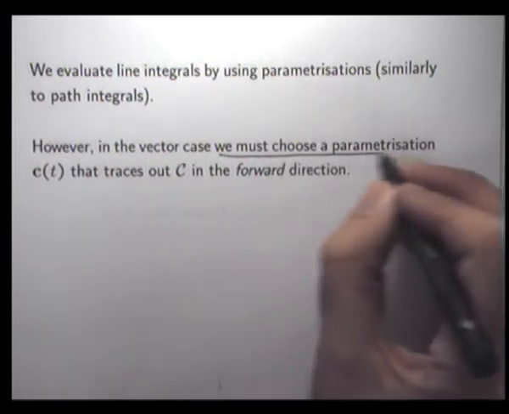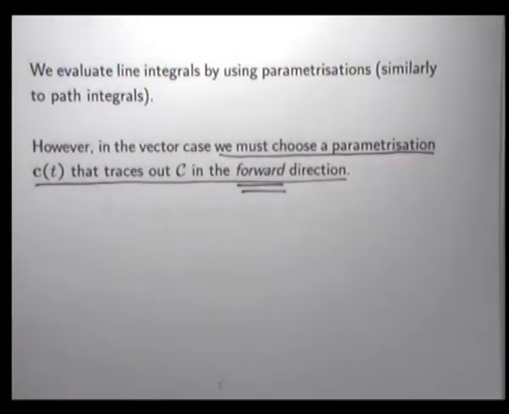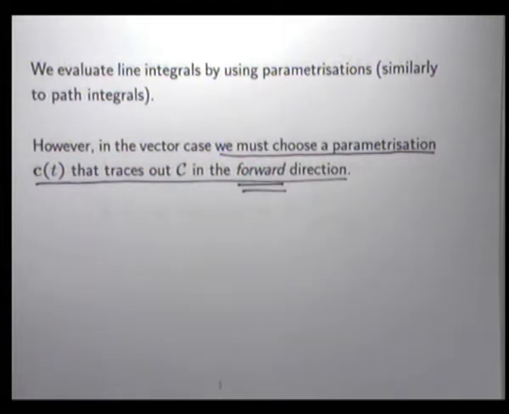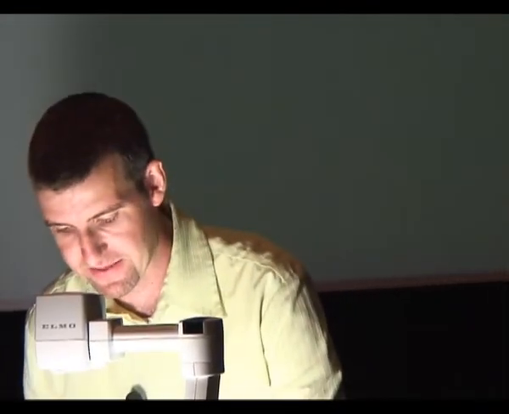We must use a parameterization C that traces out curly C in the forward direction. That's important. For path integrals, we didn't care about that.